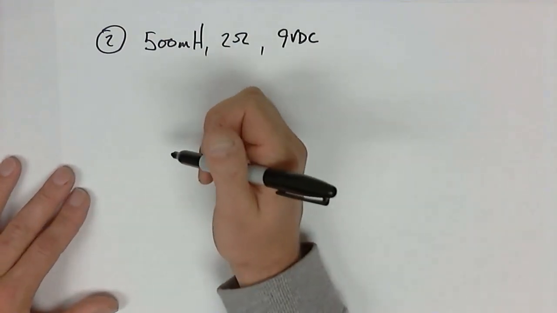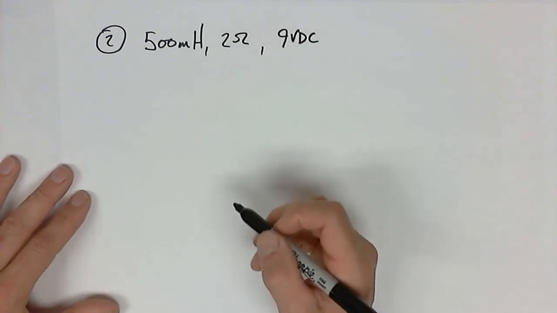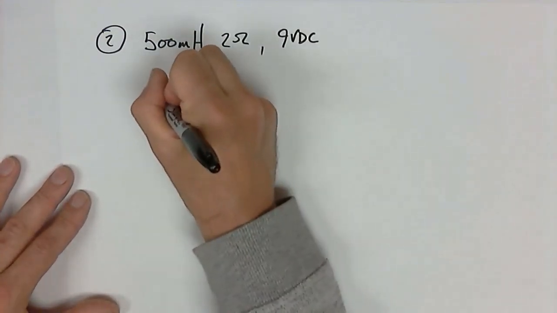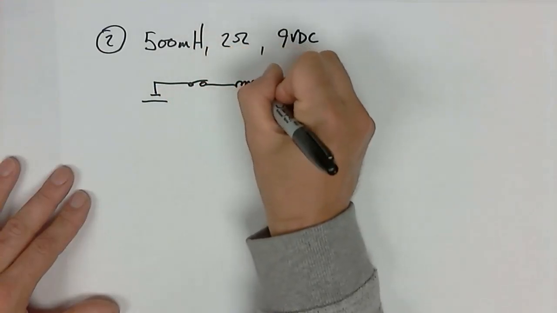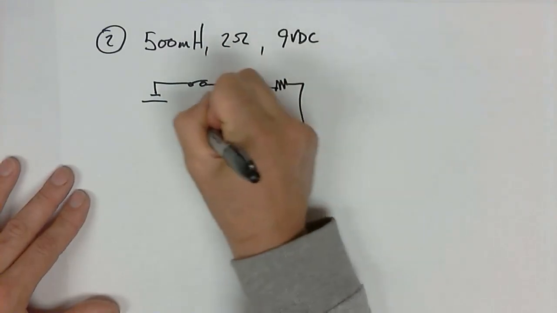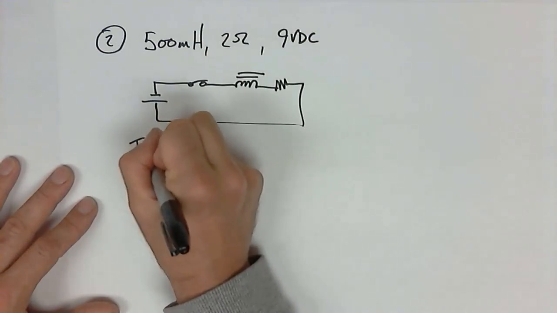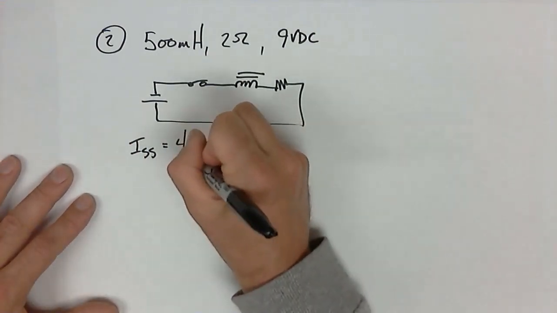What we're going to do with this is calculate what the inductive kick would be when I open the switch. So here's our source, there's our switch, inductor, resistor. Let's work out the I steady state. I steady state is going to be E over R, so 9 divided by 2 is 4.5 amps.